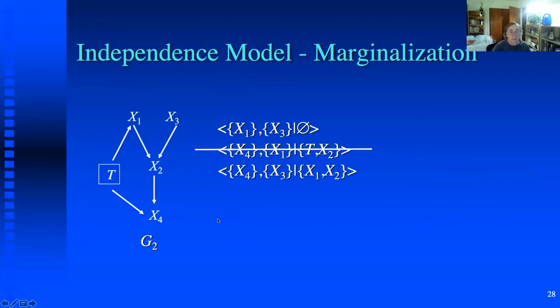On the other hand, if this were my original graph, and I were to marginalize out T from the independence model, I would just cross out the sole conditional independence that involved T, and the other two would be left.